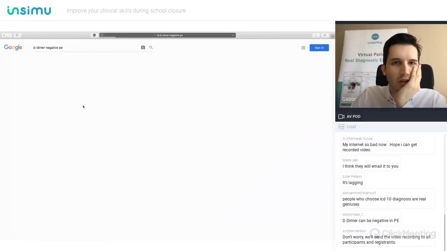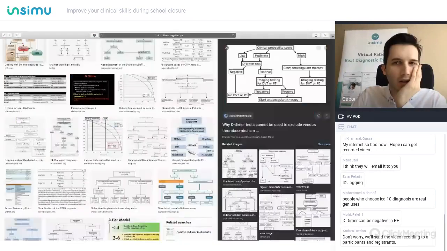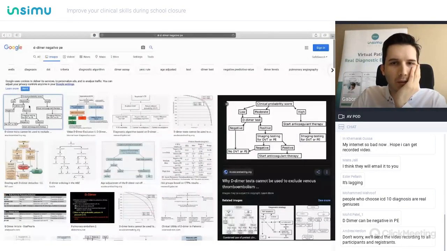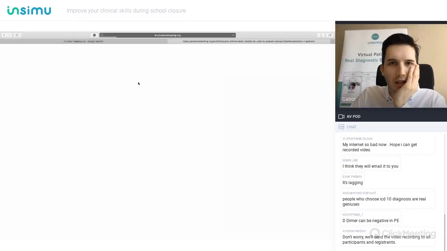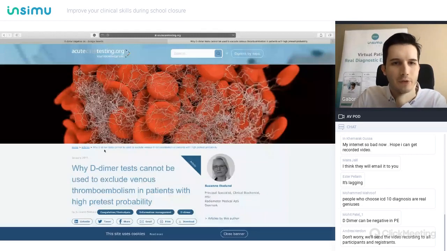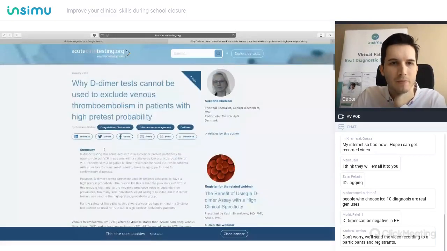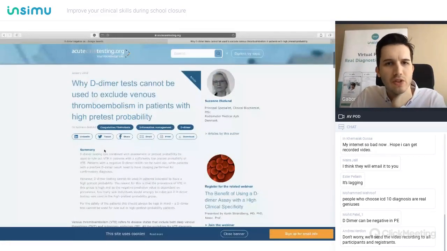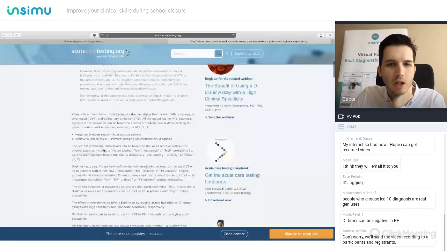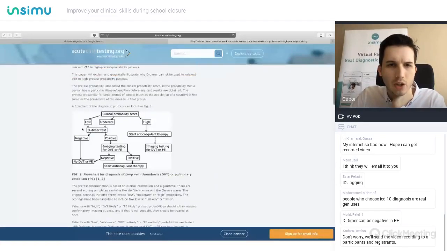I saw this decision tree. It shows that if the probability is very high, then we cannot use the D-dimer test to exclude thromboembolism. Let's see what it shows us.